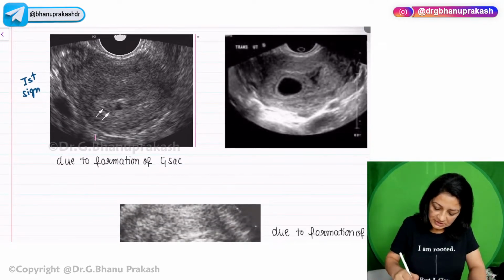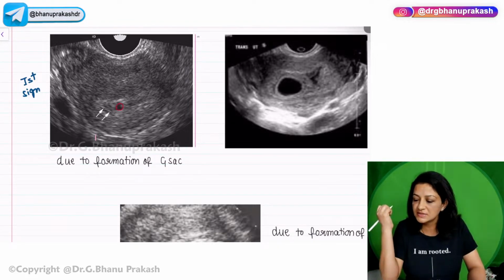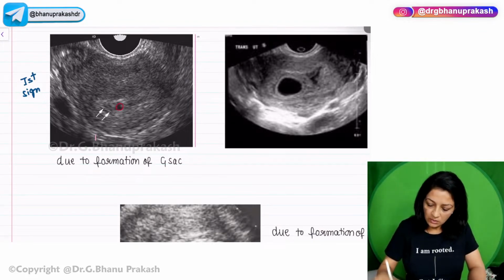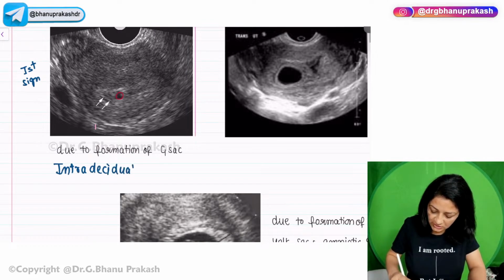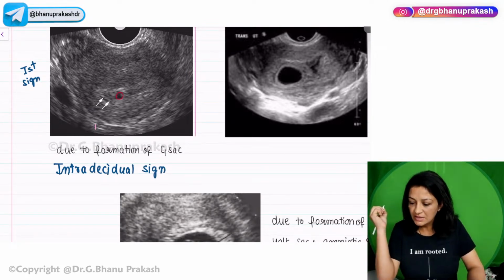You can see clearly this one is the gestational sac. This one is the intradecidual sign. The first sign is the intradecidual sign.